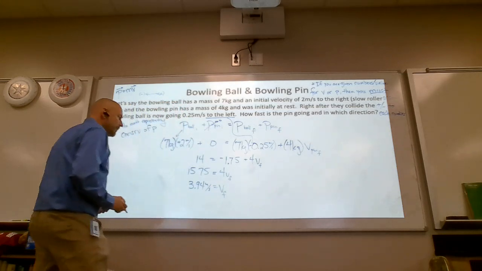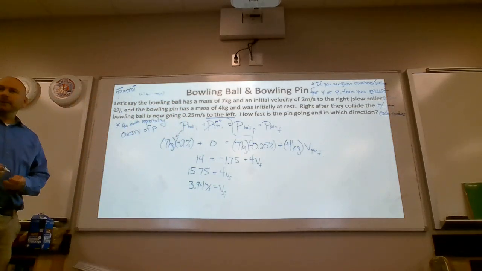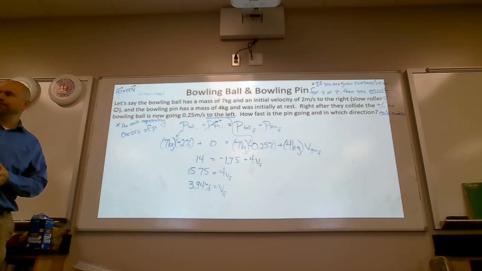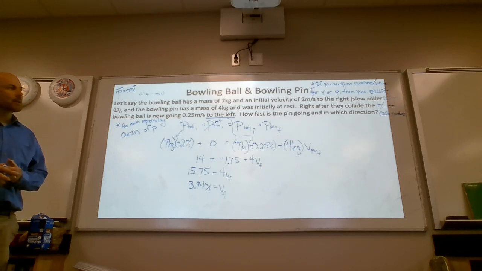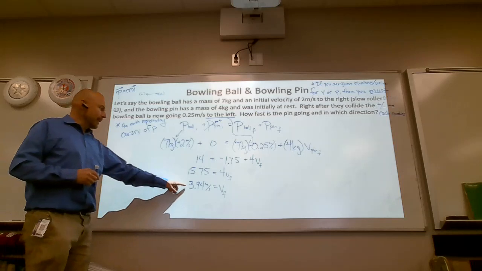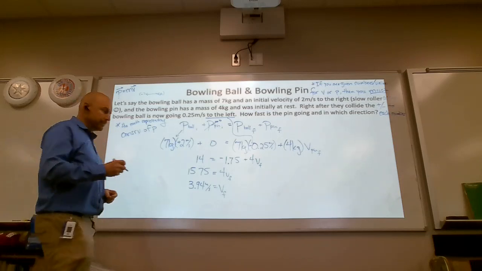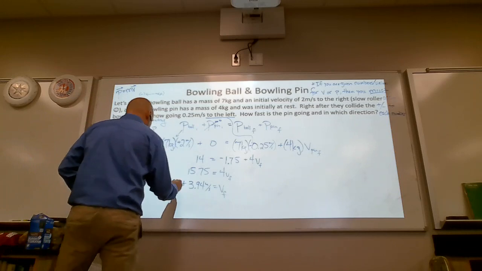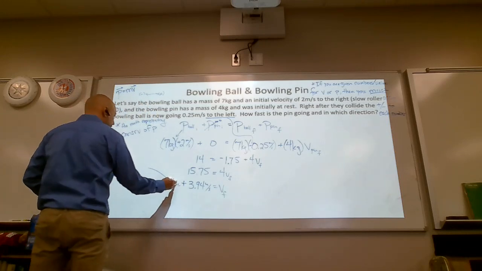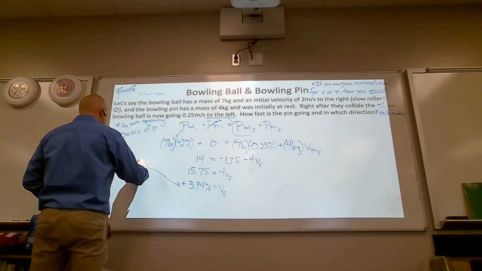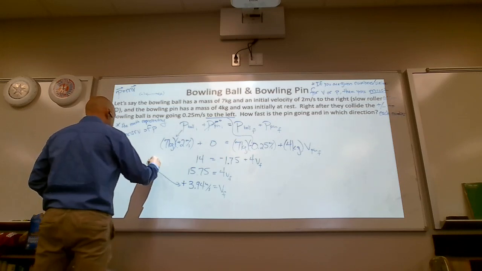Okay, so the answer ends up being 3.94 meters per second. It's asking how fast the pin is going and in which direction. The fact that my answer is positive means to the right.